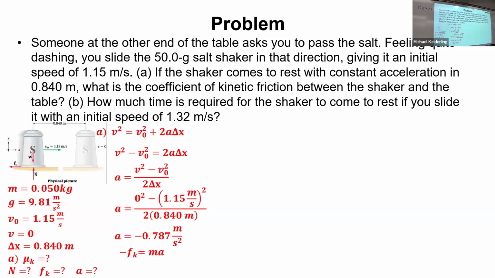We also know that minus force kinetic, because it's in the opposite direction to the motion, so the kinetic force is pointing in the negative x direction and we're moving in the positive x direction, is equal to mass times acceleration. So force kinetic is going to be minus mass times acceleration.